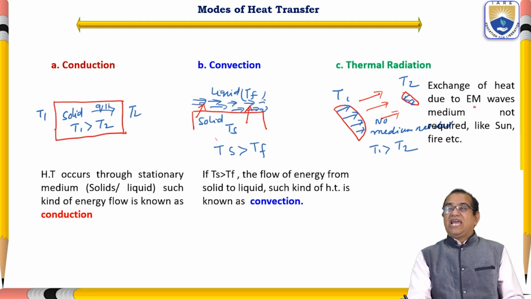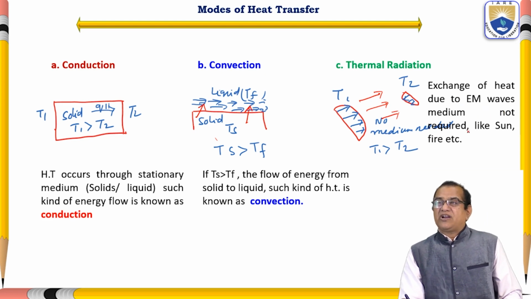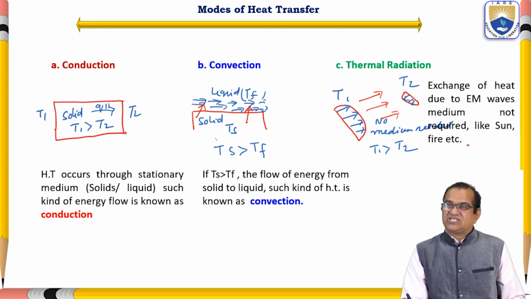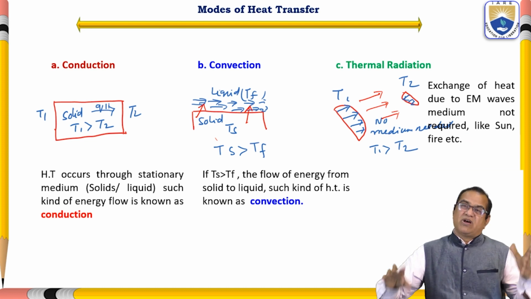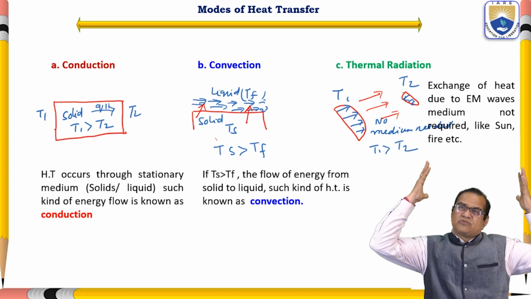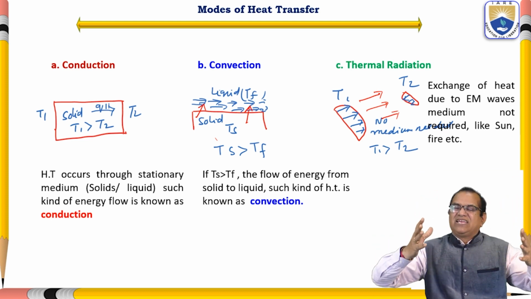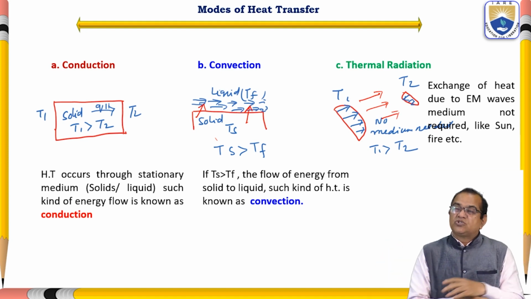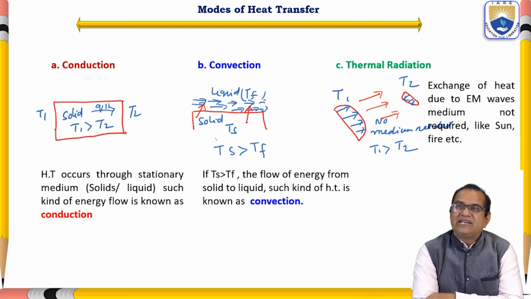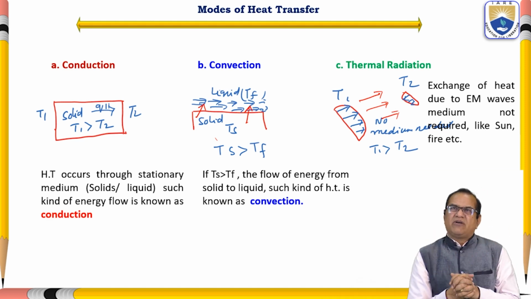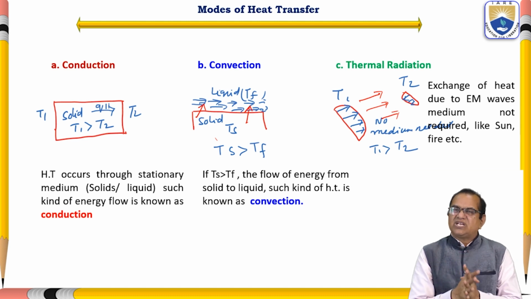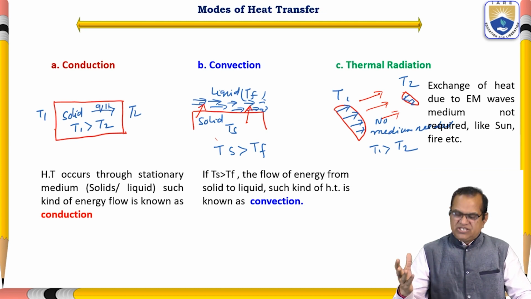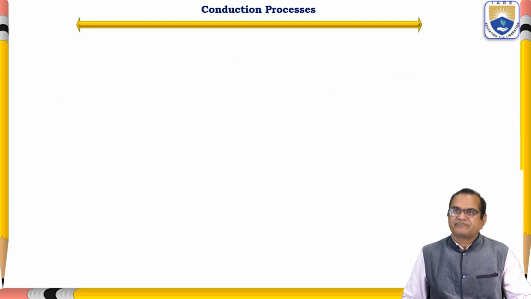This is exchange of heat due to electromagnetic waves, and no medium is required, like the sun, fire, etc. Like we are getting heat from the sun, coming from so much distance, and as and when it hits a surface, that surface gets heated. It is due to the electromagnetic waves, and that is why this is called thermal radiation. So we have three modes of heat transfer: conduction, convection, and thermal radiation, and all these are explained here very well.